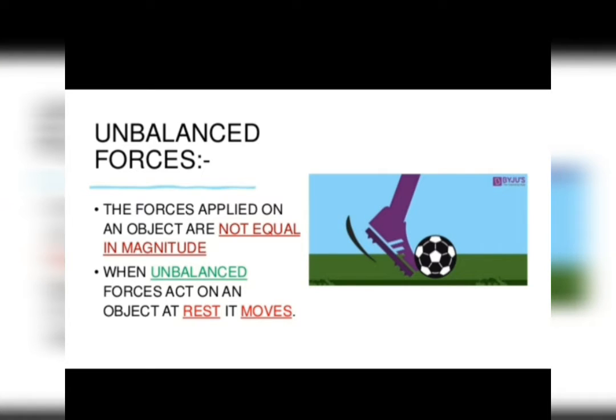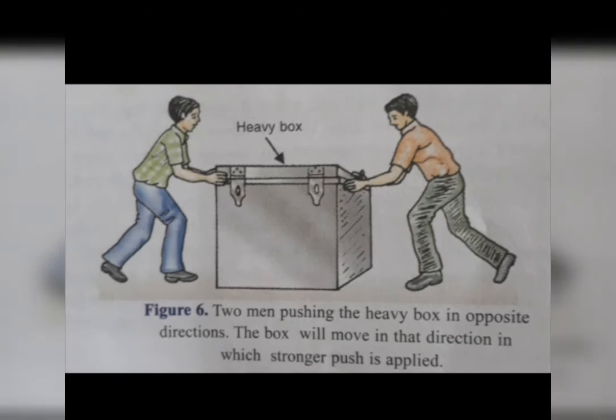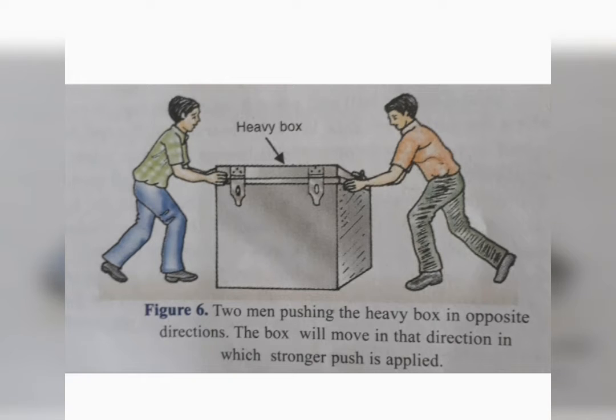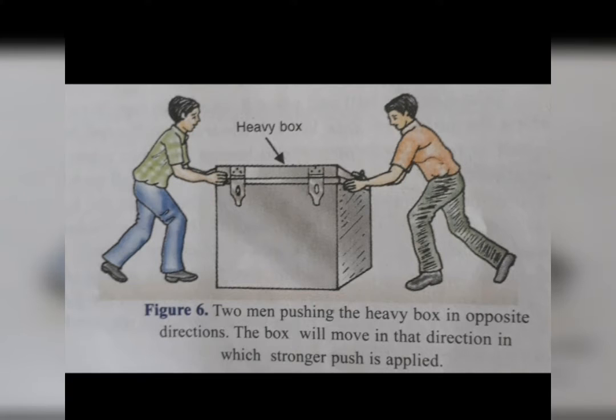At that time the object was under unbalanced force, and that is why in both cases the object starts moving, because the forces were not balanced, because the net force, the overall force, was not equal to zero. In one case the net force was equal to the sum of the forces acting on an object, and in the second case the net force was equal to the difference between the two forces, right? So this was all about balanced and unbalanced forces.